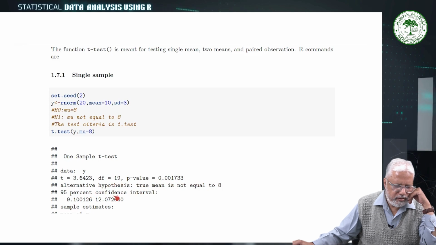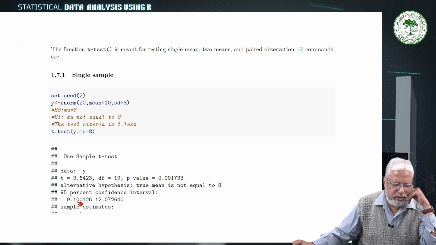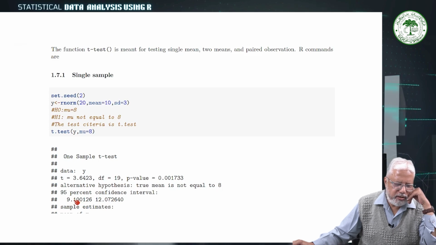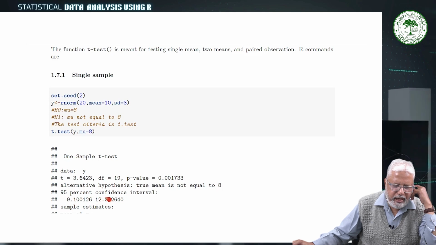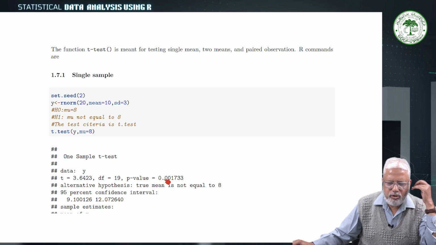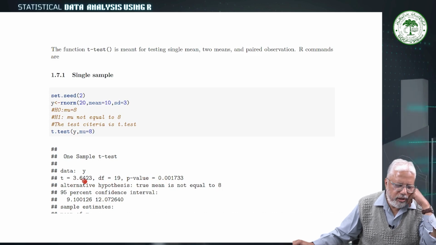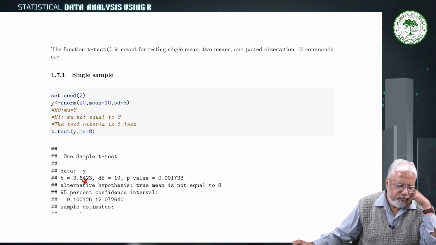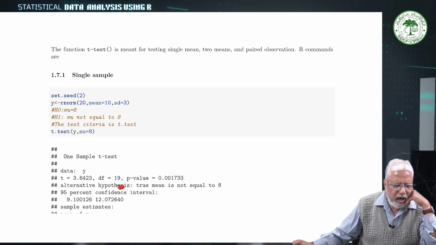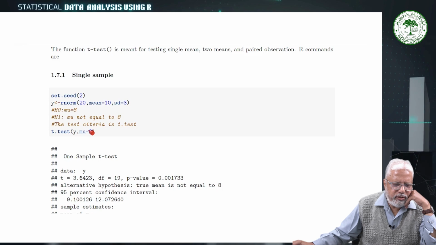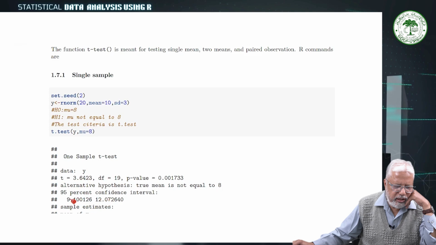The 95% confidence interval, 9.1 to 12 point something, does not contain 8. So that means the hypothesized mu does not lie in this interval, and so either we say the p value is less than 0.05, or that the calculated value is greater than the tabulated value, or that the hypothesized value is not contained in this interval.